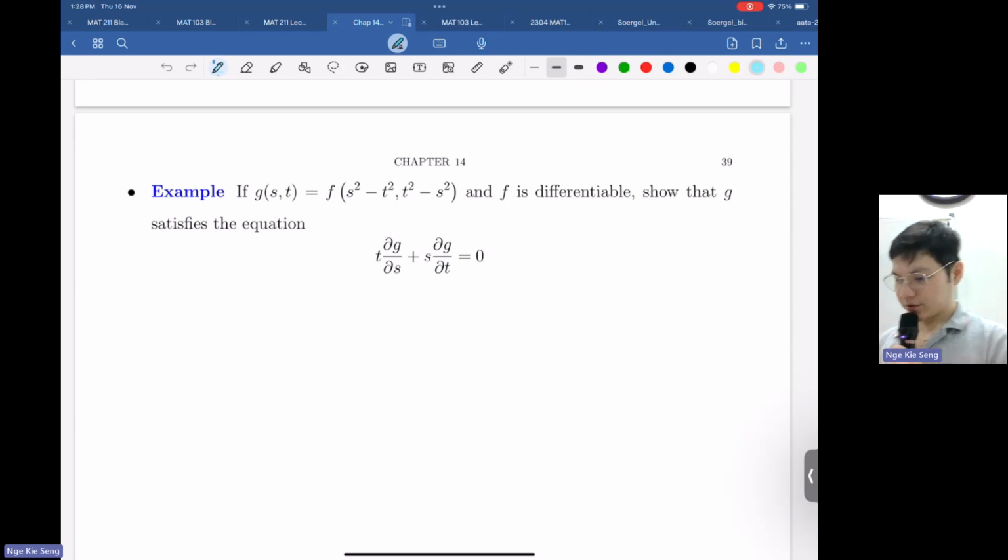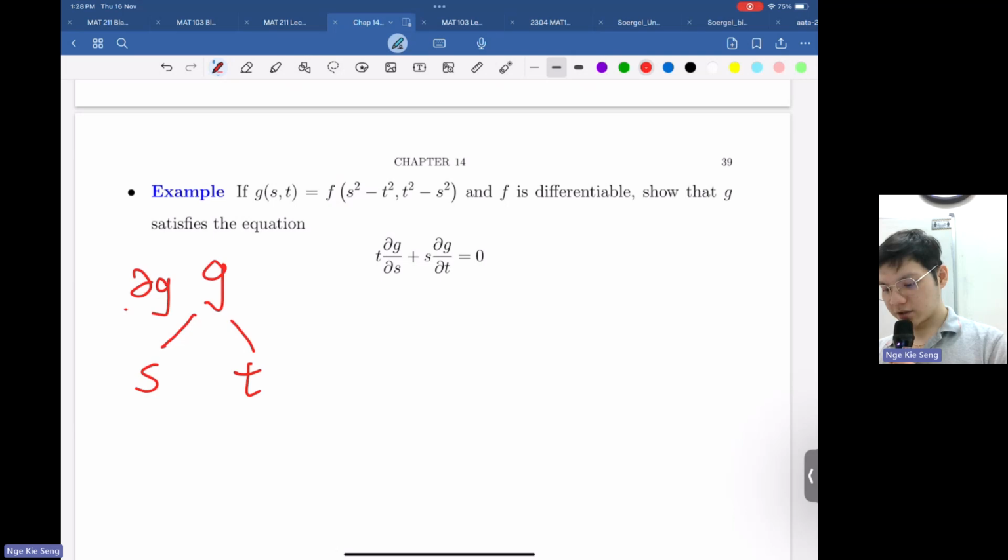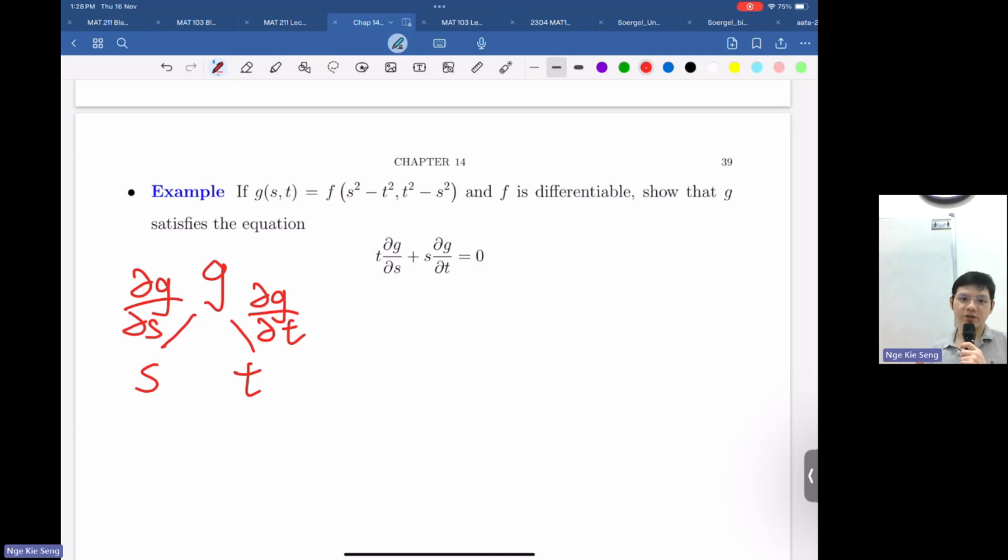So what do you do? Let me draw a tree first. You have G, and initially you have s and t. If you know G, you just differentiate G with respect to s and with respect to t. But now your G is F of something.